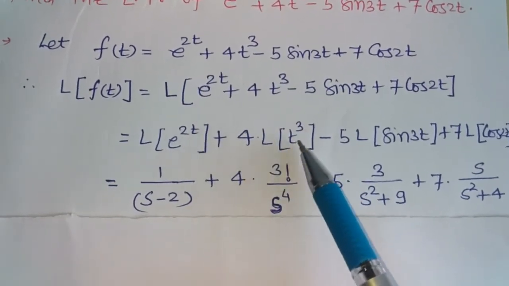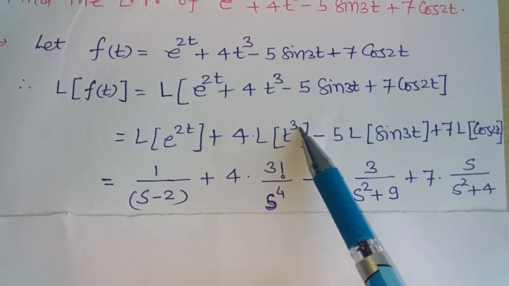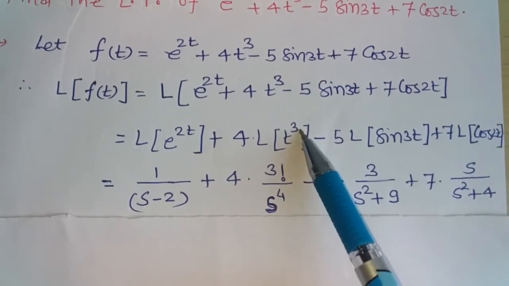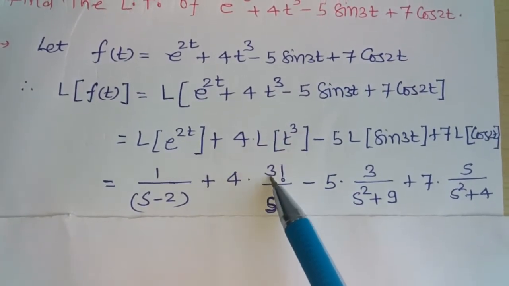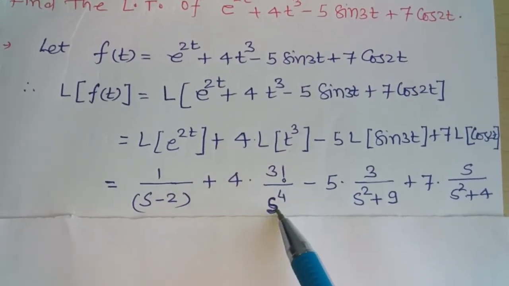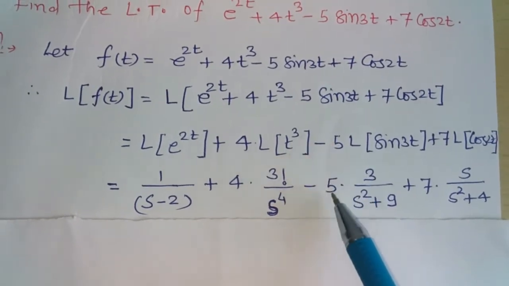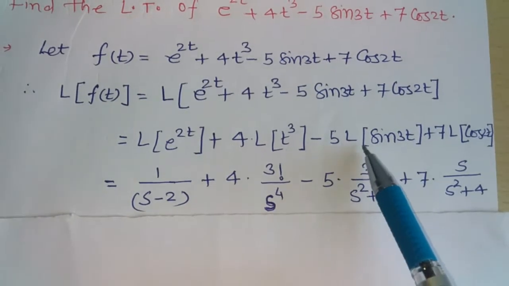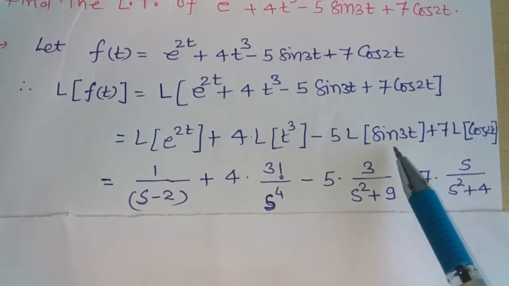So Laplace transform of t cube, by using the formula Laplace transform of t power n is n factorial upon s power n plus 1. Here n is 3, so we get 3 factorial upon s power 3 plus 1, that is 4, minus 5 into Laplace transform of sin at, which is a upon s square plus a square.